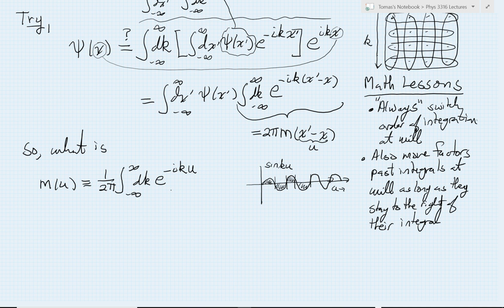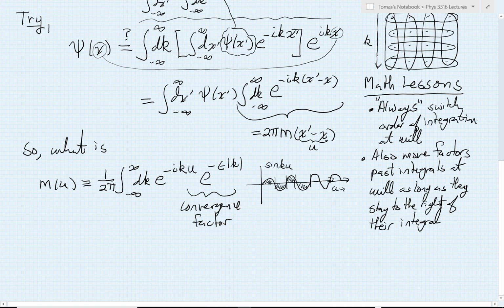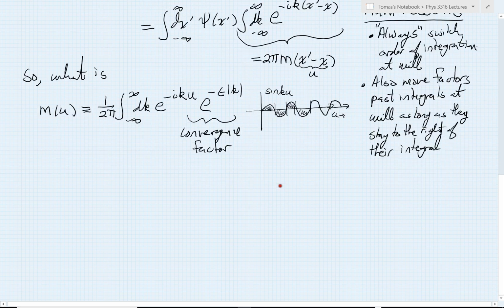So the convergence factor I'm going to use is e to the minus some very small number epsilon times the absolute value of k. So this is called a convergence factor. And let's draw a little sketch of what we believe this thing would look like. So here is e to the minus epsilon times the magnitude of k along my k-axis.